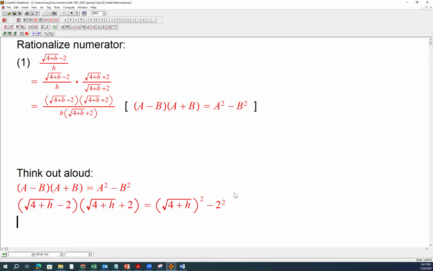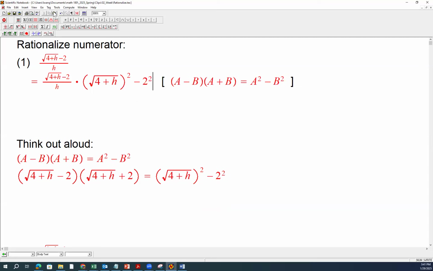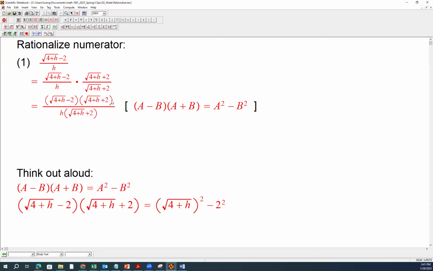The next step: when you need to show work, you actually don't need to write it this way. You can just write it this way. You can just take this piece and replace the numerator.